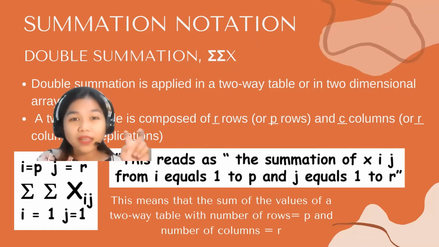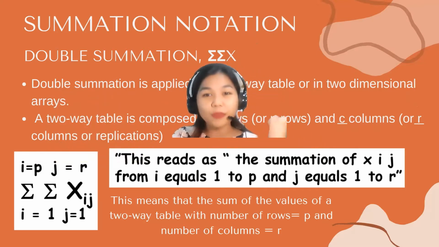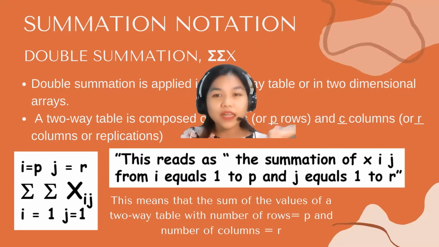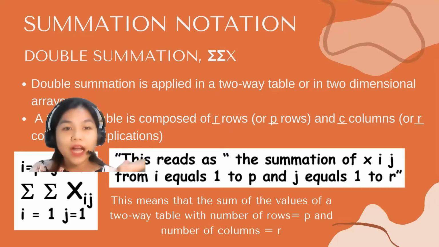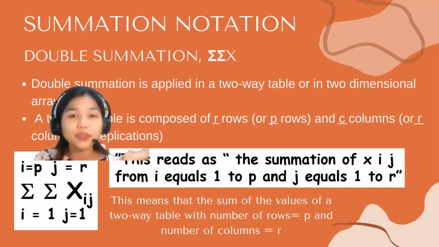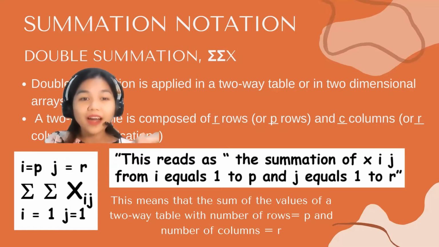So R po kasi rows, pero yung ginagamit natin ay P, yung common notation natin. P rows, and instead of using C for columns, we use R because yung columns po natin, mga replications. So again, P rows, then R columns.